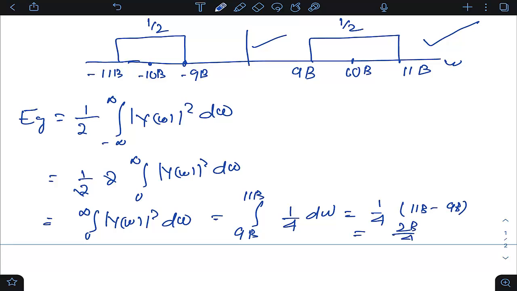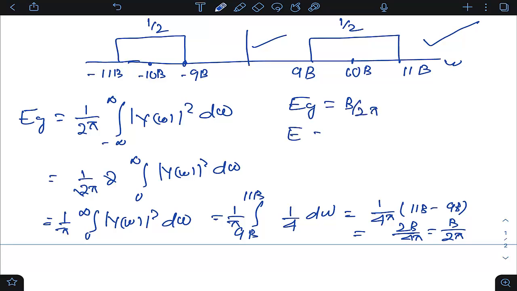One thing students, I am missing is that this is actually 1 by 2 pi. So here this 1 by pi will come, here also this 1 by pi will come, and here also it is 2b by 4 pi. If you check this, this is coming as b by 2 pi. So E of y is coming as b by 2 pi.